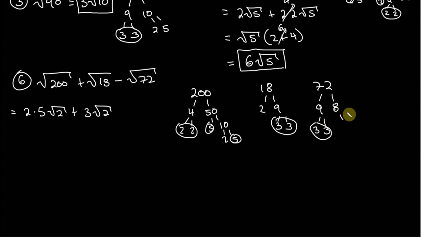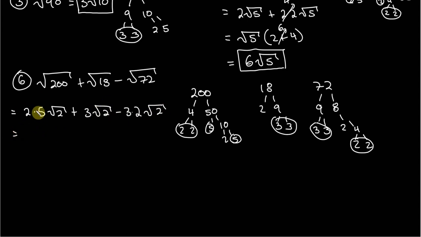We know that 8 is 2 and 4, and 4 is a perfect square, which is 2. So we can factor out a 2 and a 3, and we're left with a 2. So it's going to be minus 3 times 2 root 2. And you can maybe already see where this is going, because we're going to be able to factor out the root 2 as well.